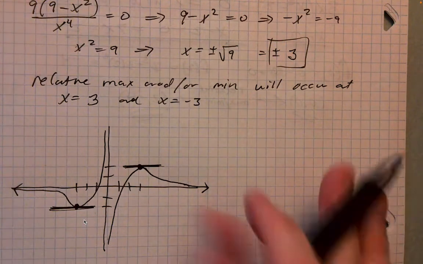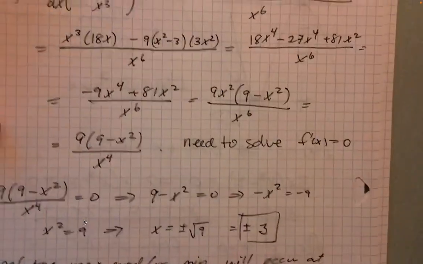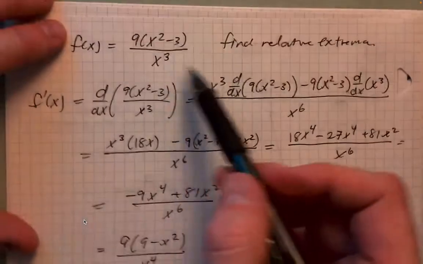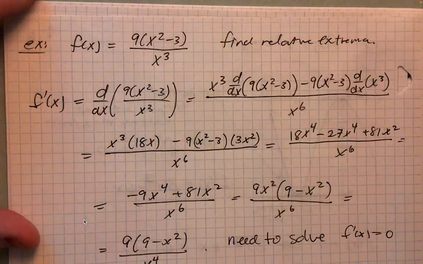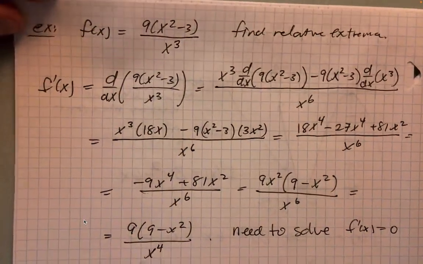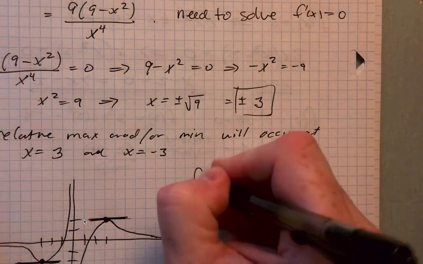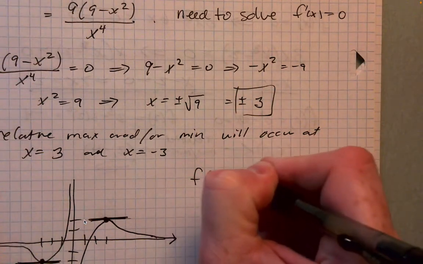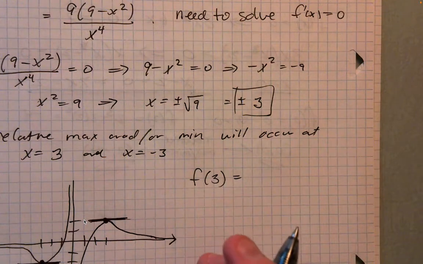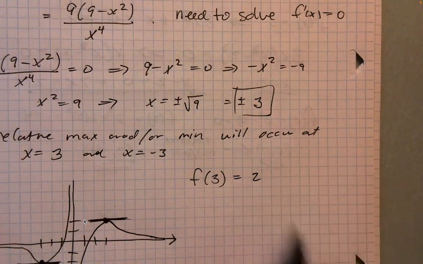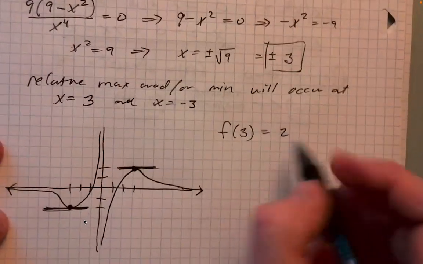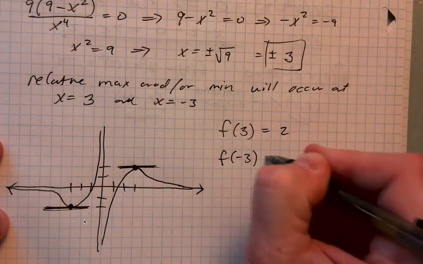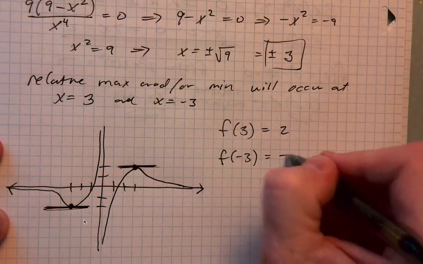Okay. Now we could easily plug f of 3 and f of negative 3 into this function to figure out what the points are. If you plug in f of 3, I'll just tell you what you get. You get 2. If you plug that into the original function, you get 2. And if you plug in f of negative 3, you get negative 2.